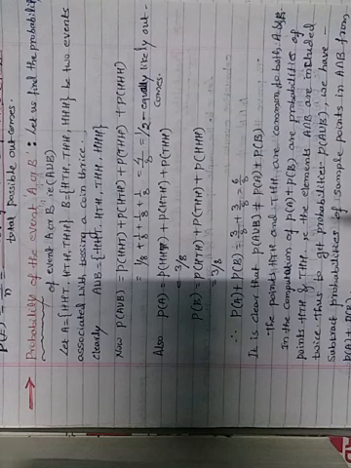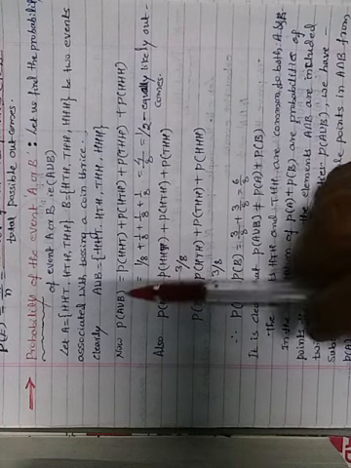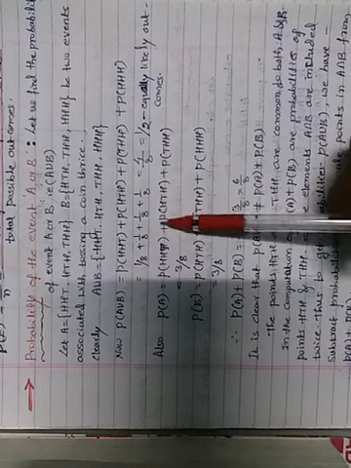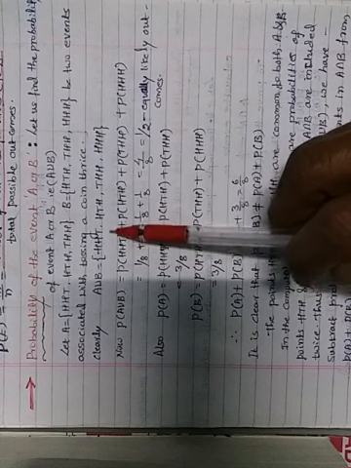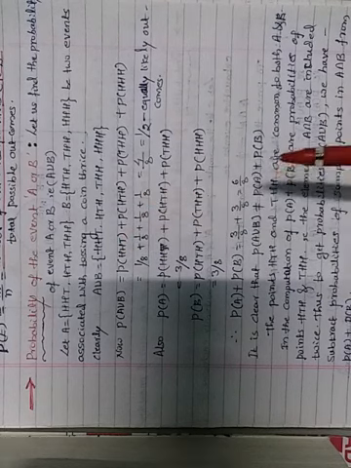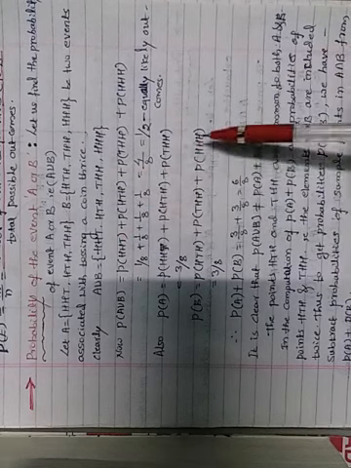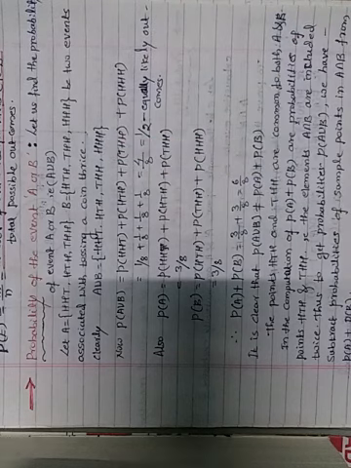The set B defines outcomes where at least two heads appear. Set A and B are the two events associated with tossing a coin thrice. From this, it is clear that A union B equals HHT, HTH, THH, HHH.